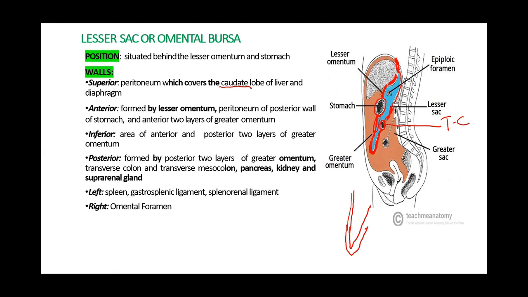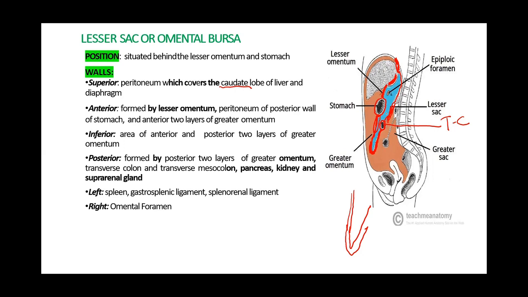This is the transverse colon as we mentioned, transverse mesocolon. Okay. Now, there are some structures in the retroperitoneum that form parts of the posterior border, and this includes the pancreas, the kidney, and the suprarenal gland.